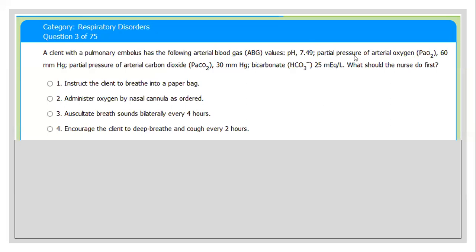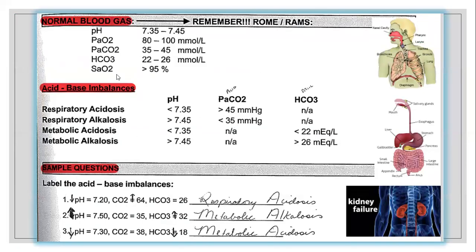So you see, arterial oxygen level is 60, and arterial carbon dioxide level is 30. Every student must know the normal pH values, the normal carbon dioxide values, and the normal oxygen level in your blood, right?